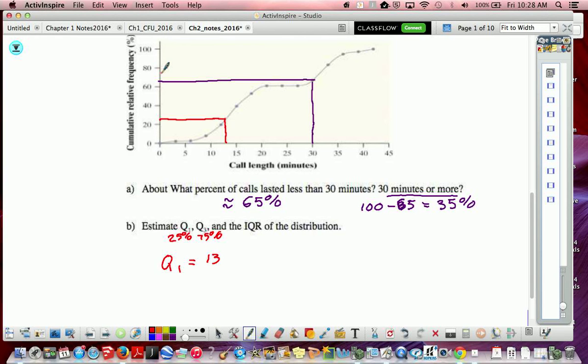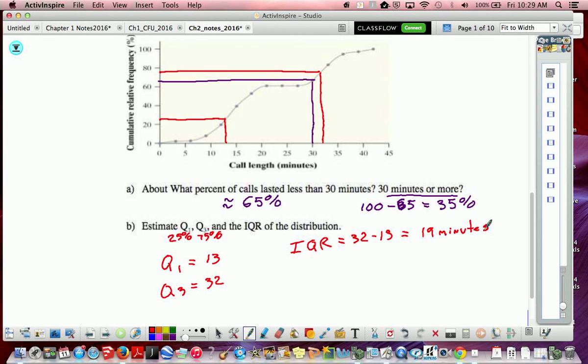Q3, 75%. Going as best I can straight across, straight down. Looks like about 32 minutes. Q3 is about 32. So then my IQR, 32 minus 13 is 19 minutes.